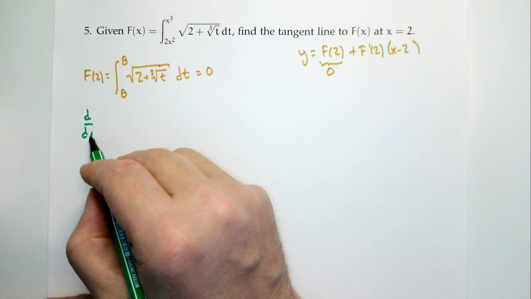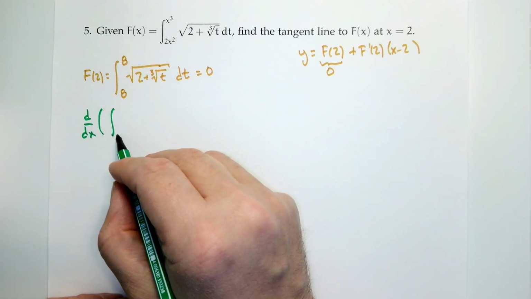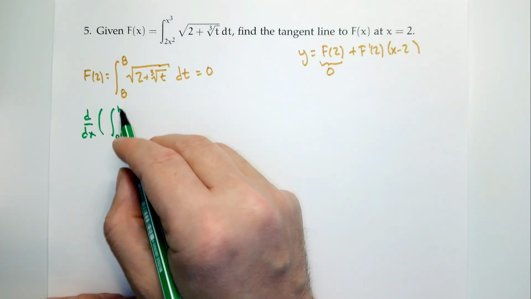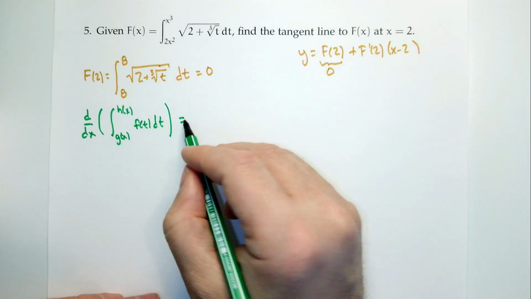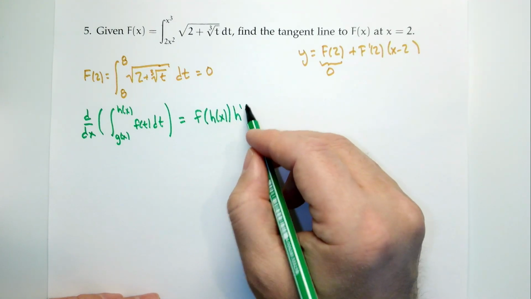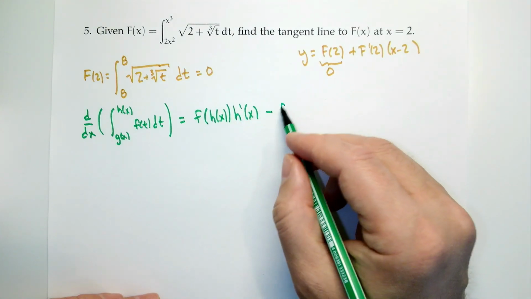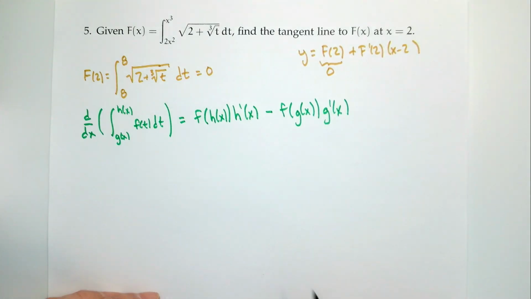The beefed up version says that the derivative of the integral from g of x to h of x of f of t dt is f of h of x times the derivative h prime of x, minus f of g of x times the derivative g prime of x. This is a combination of several ideas: the fundamental theorem of calculus, plus the chain rule, plus the fact that we can play with the bounds.